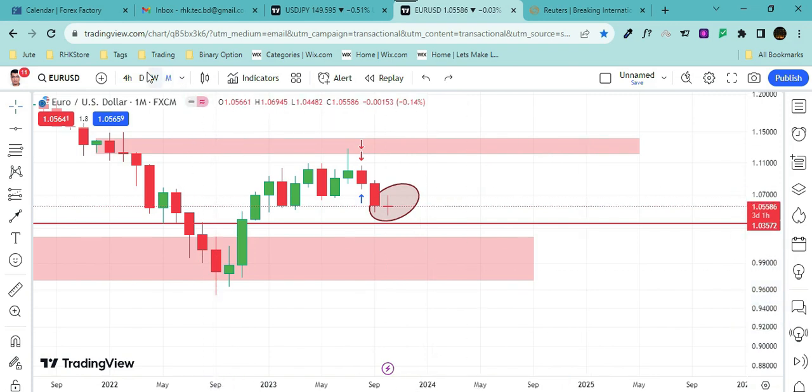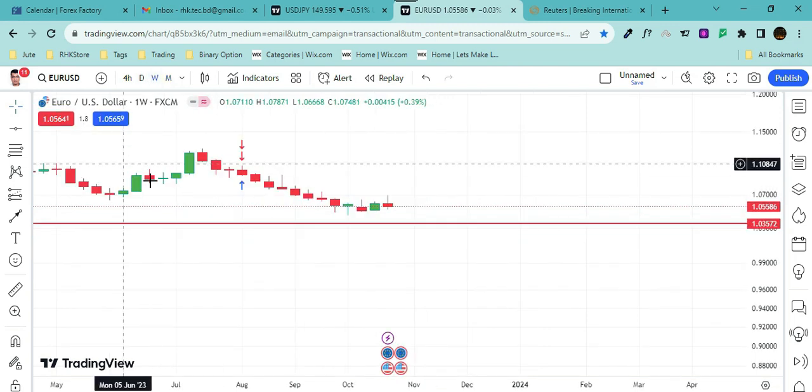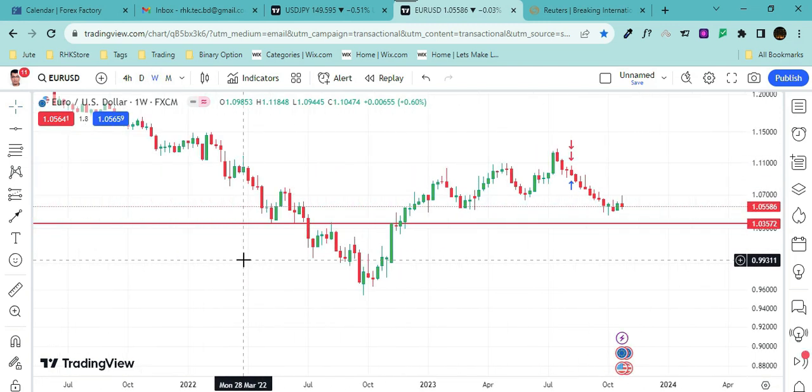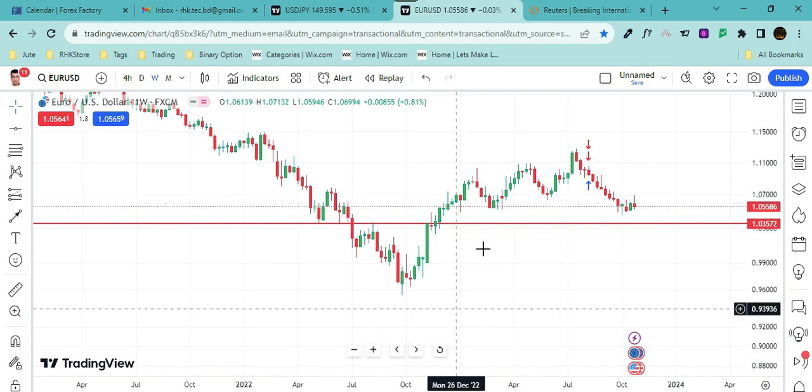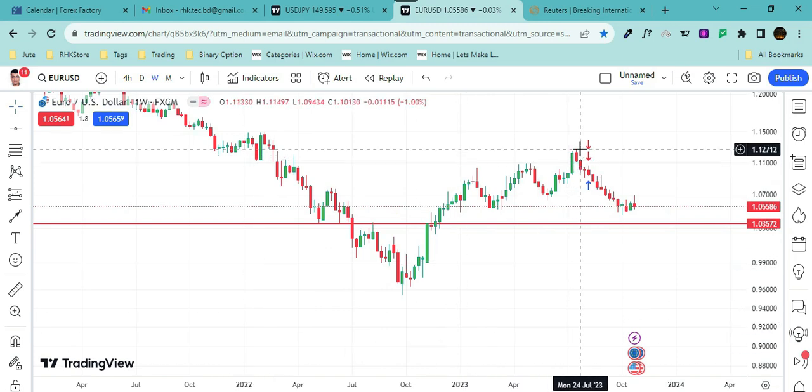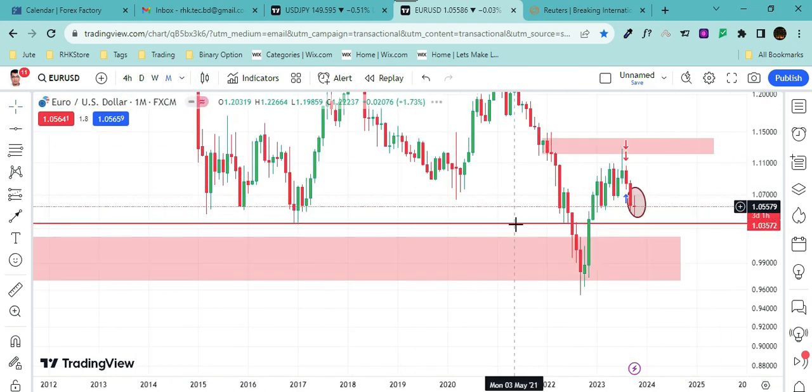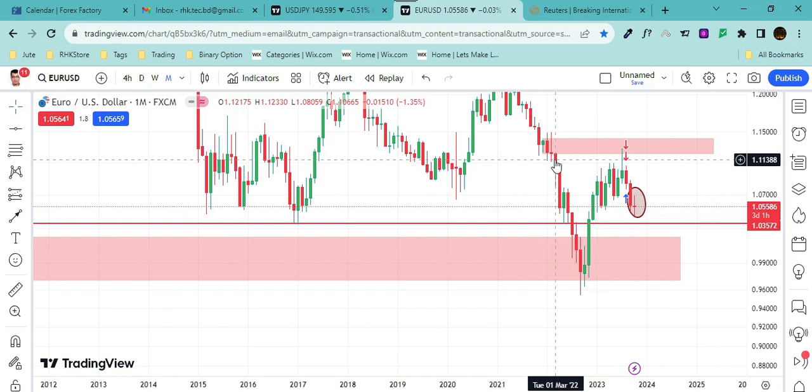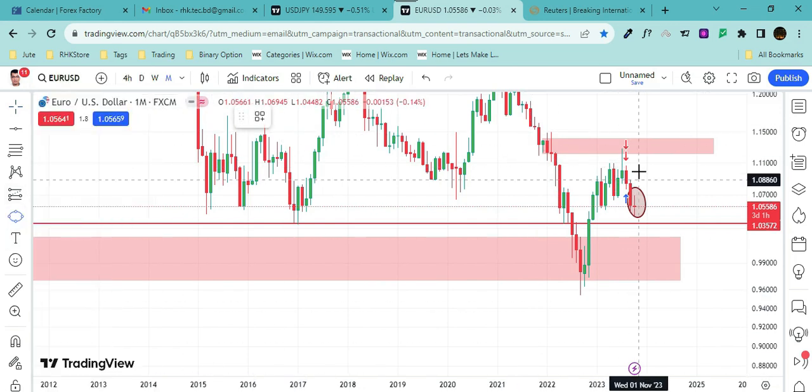Let's move to the weekly. In weekly we can see here that the price was stopped here. Let's move to monthly. I beg your pardon, I should have marked this earlier so it could have been easily identified. Let's mark it.